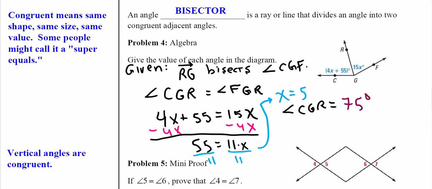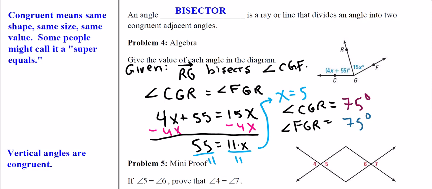Now there's two ways to proceed with the next angle. We can use the algebraic expression that was given to us. We plug in the x that we got before, and we get the same answer.